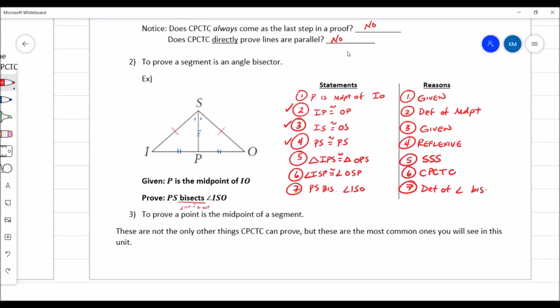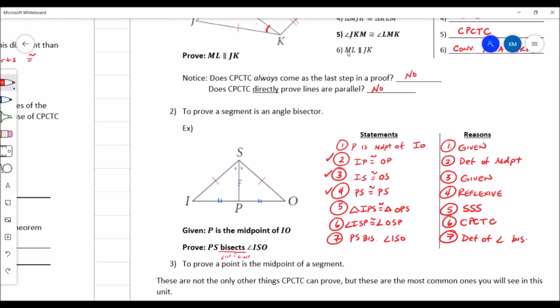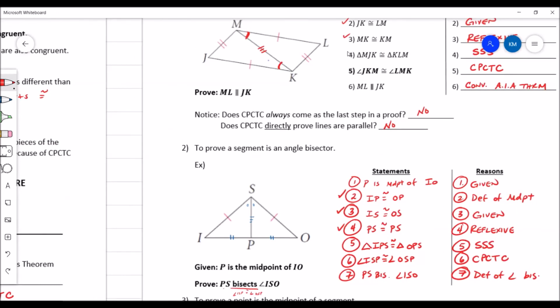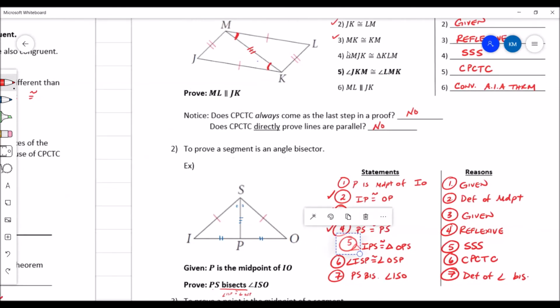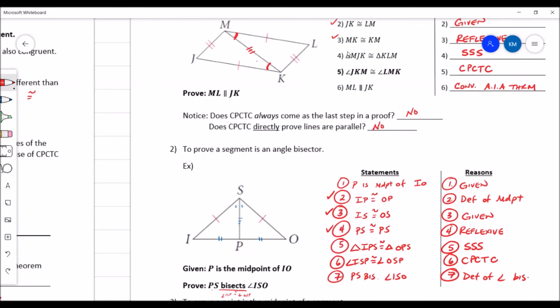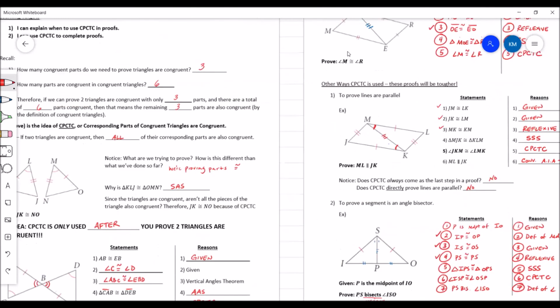So there we have it. CPCTC, got to use it a couple different ways, whether it was proving that corresponding parts are congruent or some offshoot of that, that lines are parallel, or that the angle was bisected. Okay. All right, and got a little bit more on the proofs. So hopefully that was helpful. Well, I'll see you.